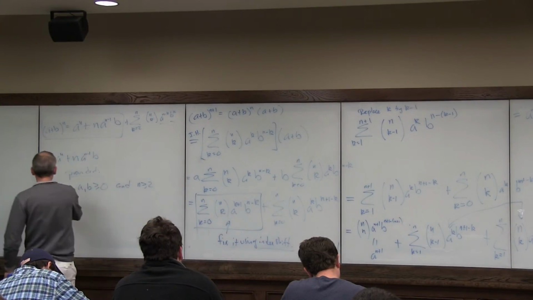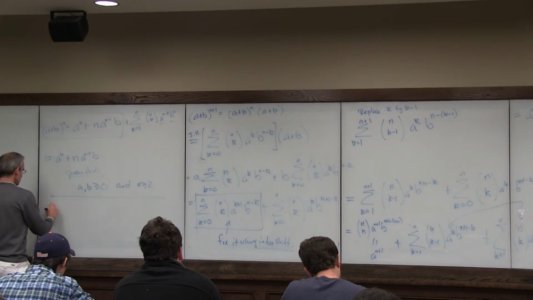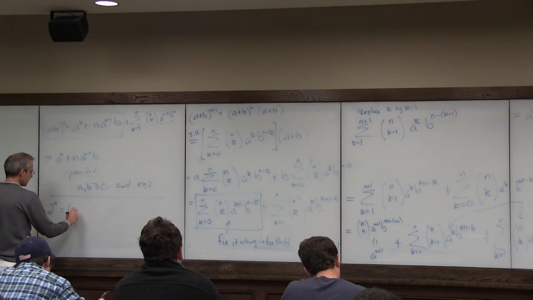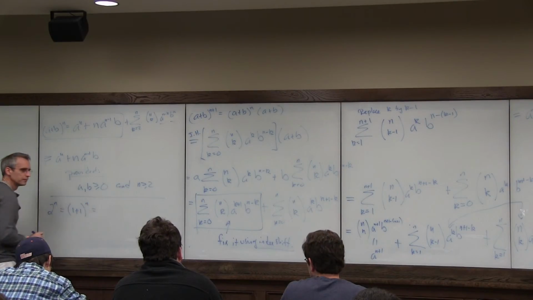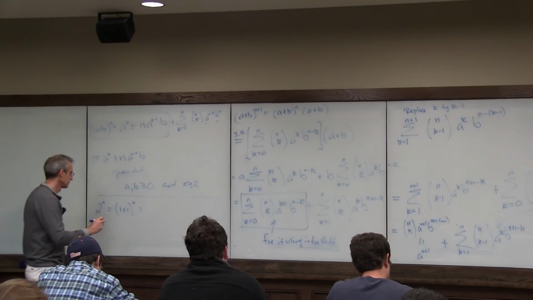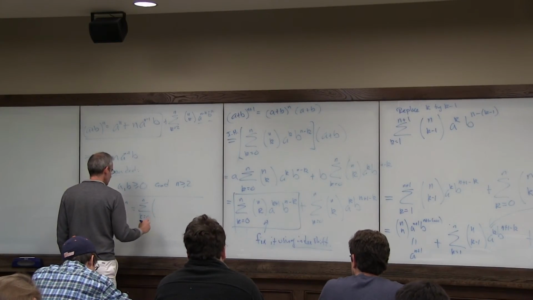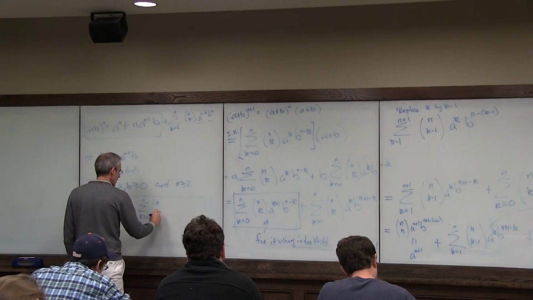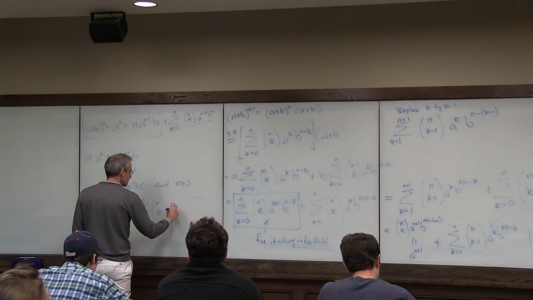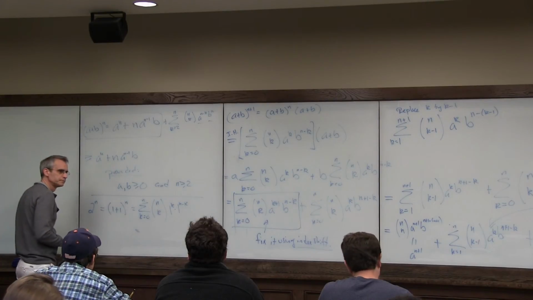The other thing you can do with the binomial theorem is you can just play games with specific numbers, okay? So 2 to the n, well, that's 1 plus 1 to the n, right? But what's that equal to then? Well, we're going to get the sum from k equals 0 to n of n choose k, times 1 to the k times 1 to the n minus k, which is just what?